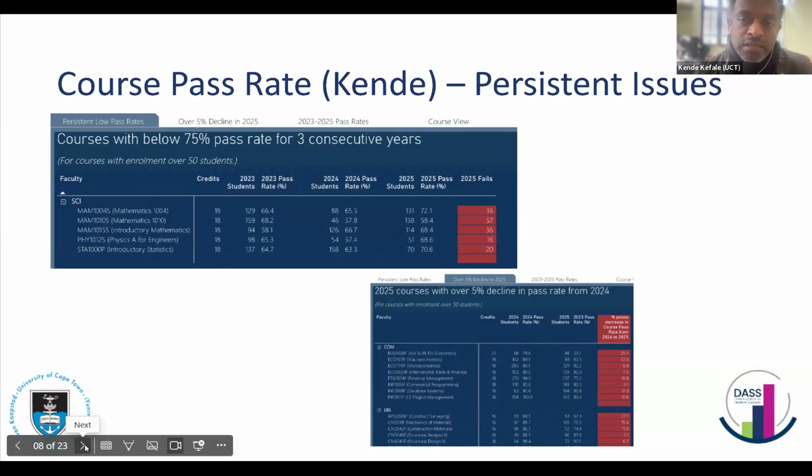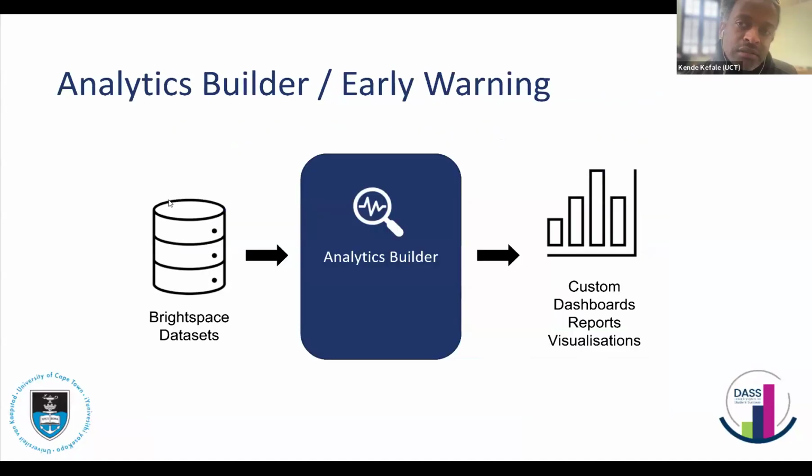Because we do send this faculty report to faculties, we do get feedback, and sometimes we try to reintroduce some of that feedback in the next iteration of reports. For example, one recent piece of feedback we received was to do with the lack of positive stories that we are telling from these reports.